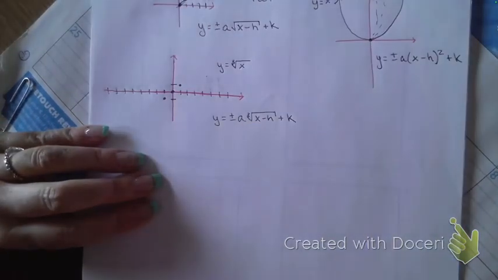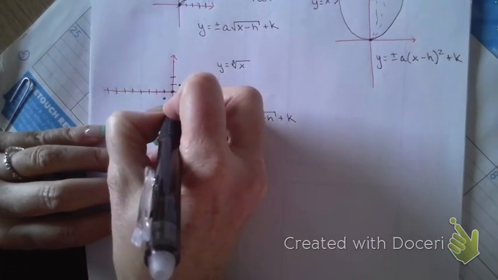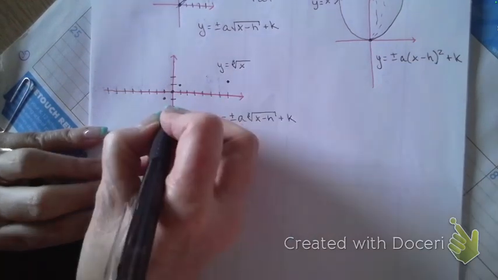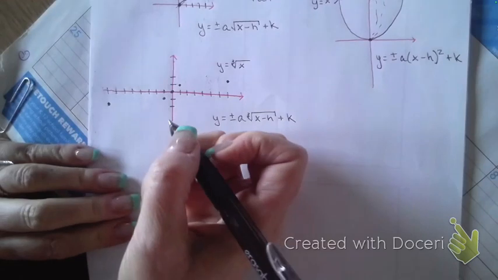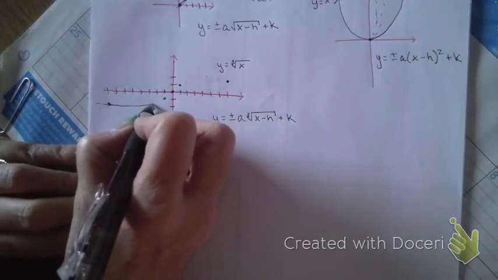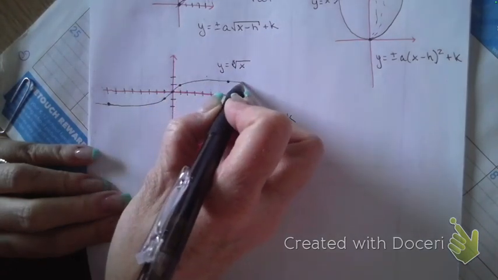Okay. So now, the cube root of 8 is what? 2. So go up to 2. The cube root of negative 8 is negative 2. And so the shape is going to go in a nice smooth curve like this.